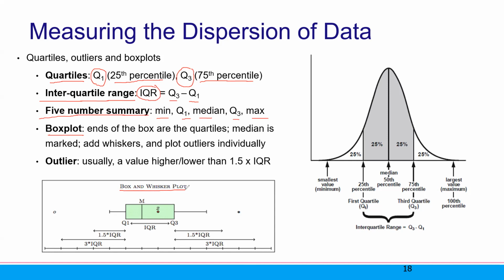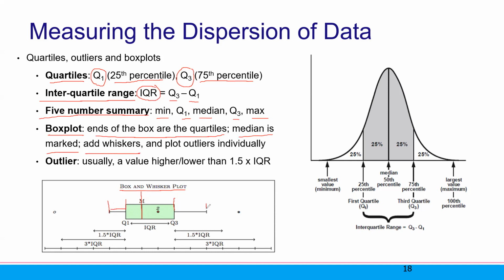So in the box plot, the ends of the box are the quartiles. Okay? So this is the quartile. The median is marked here. So the median. And at the whiskers, what is whiskers? The whisker is this one.